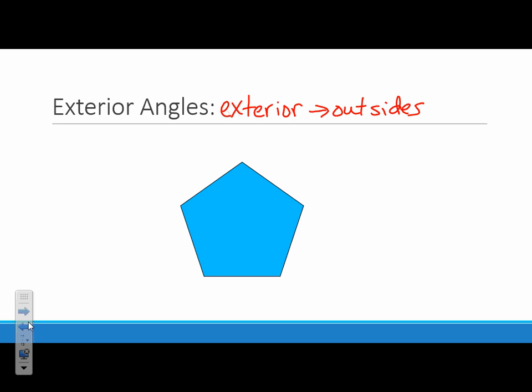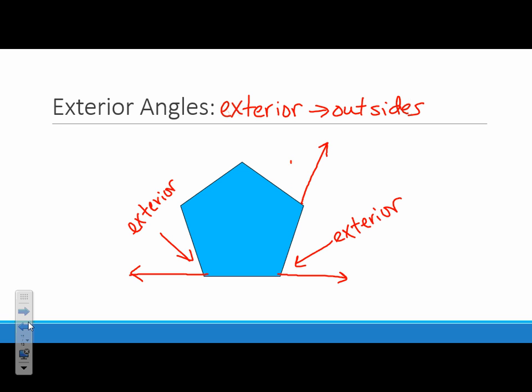So if I was going to extend a side here, this one right here would be an exterior angle, okay? And the same thing on the other side. If I extend the side over here, this is an exterior angle. So if I wanted to keep extending sides here, exterior, exterior, exterior, okay? So for each interior angle, there's also an exterior angle.